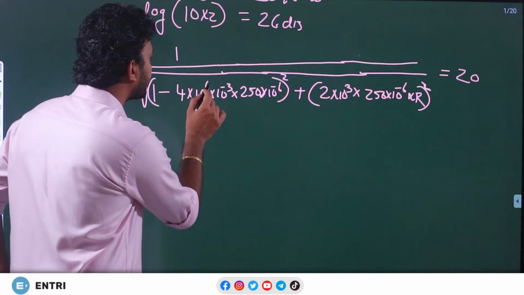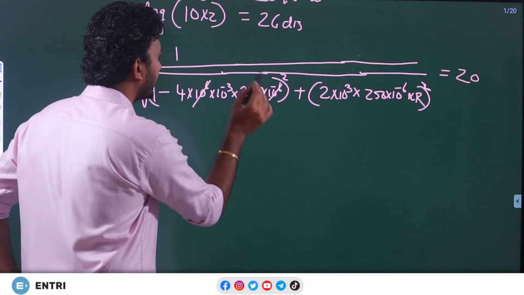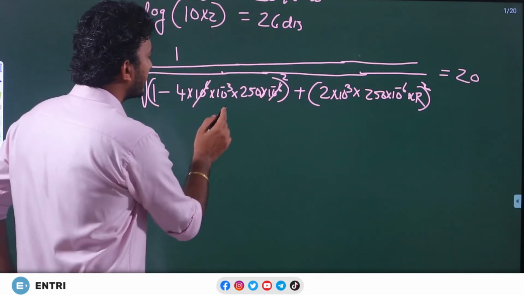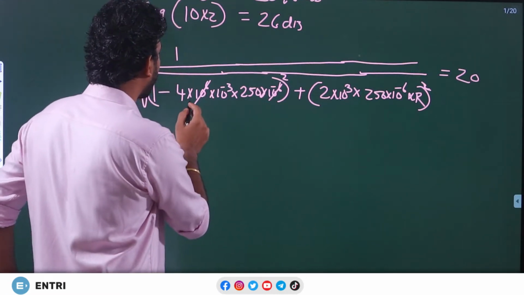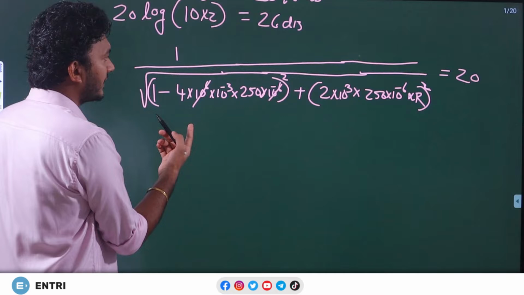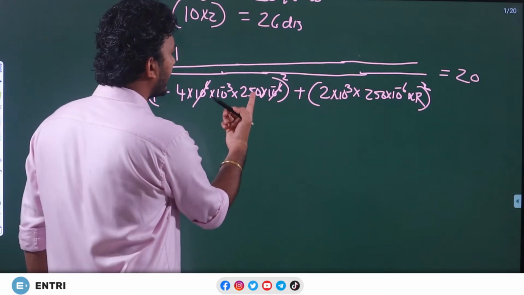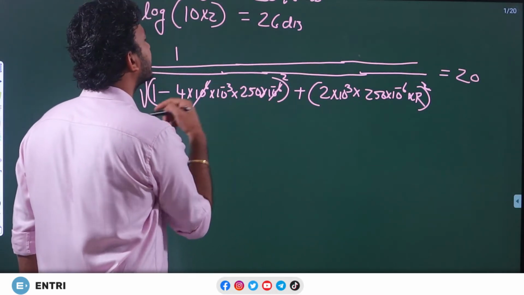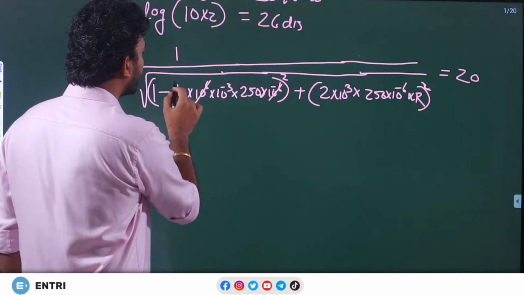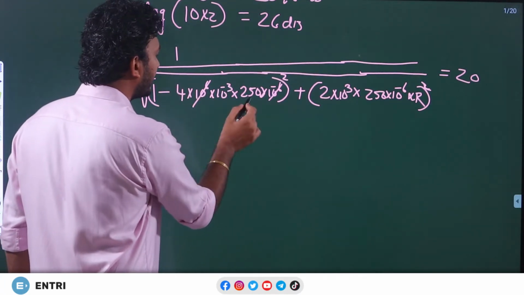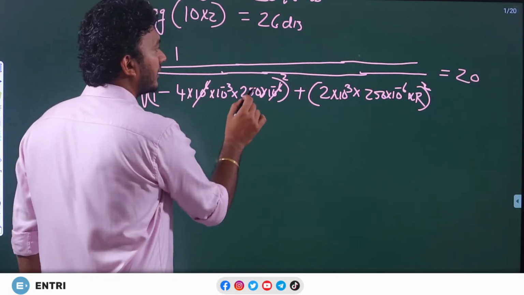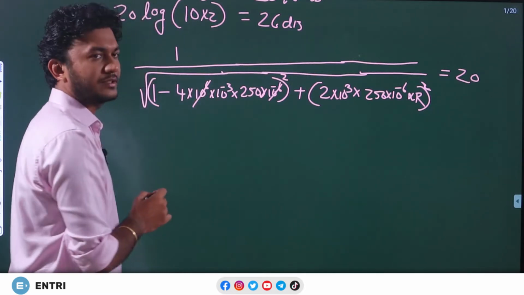So, 10 raised to 6 and 10 raised to minus 6 cancel, then you have got 4 into 250, which is 1000, into 10 raised to minus 3.